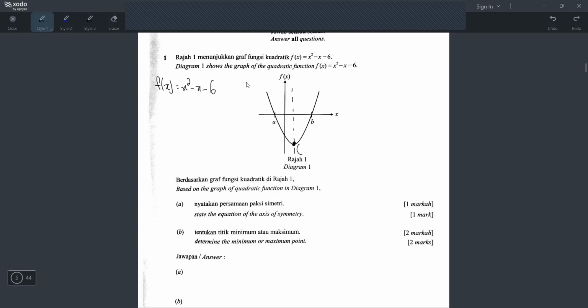One method is to find the x-intercepts, A and B, add them together and divide by 2, because you are trying to find the midpoint of AB. Then you will know the x coordinate here. Another method is to use the formula negative b over 2a, which also works. You can straight away get the x coordinate.